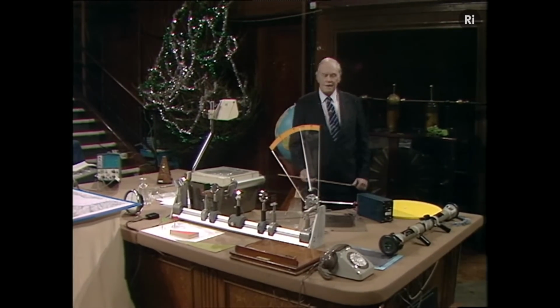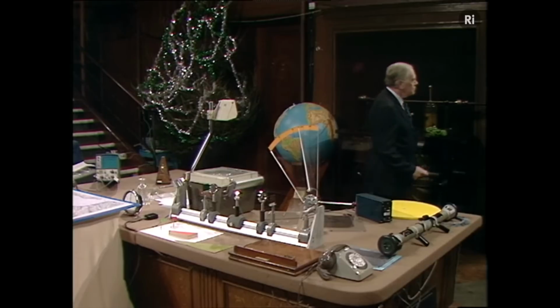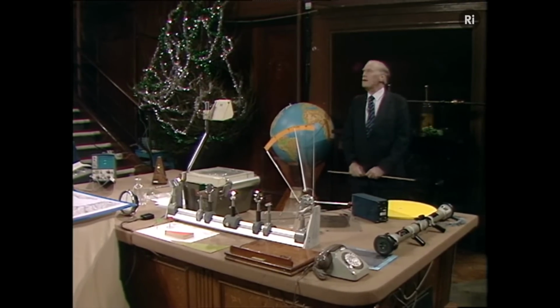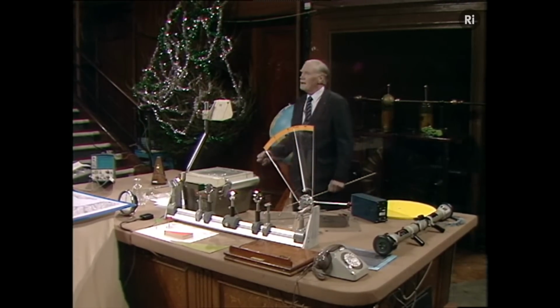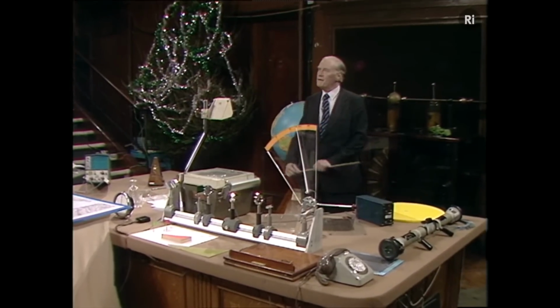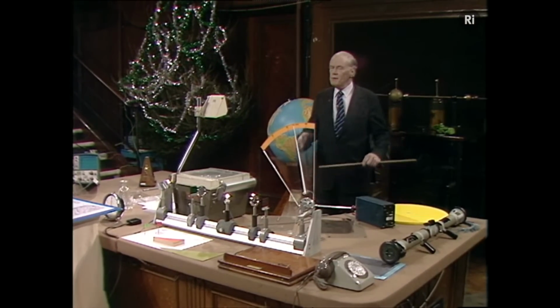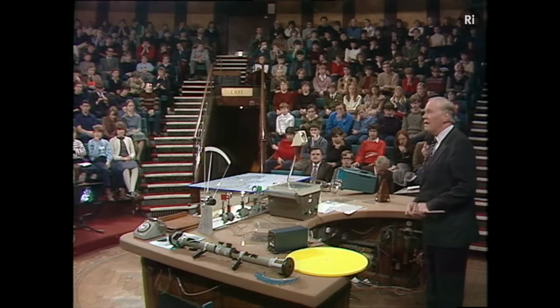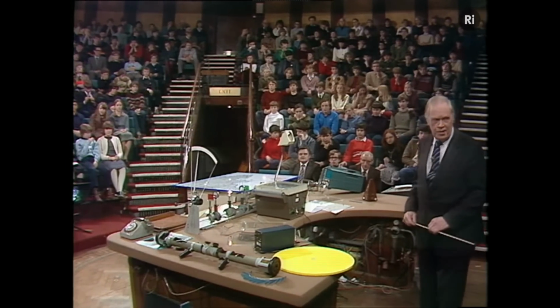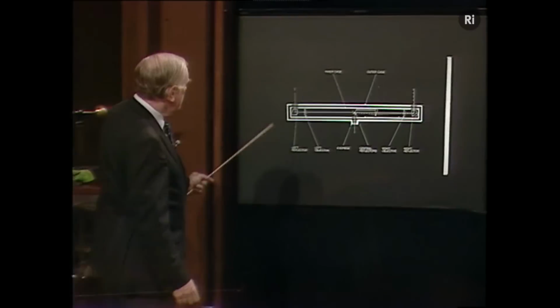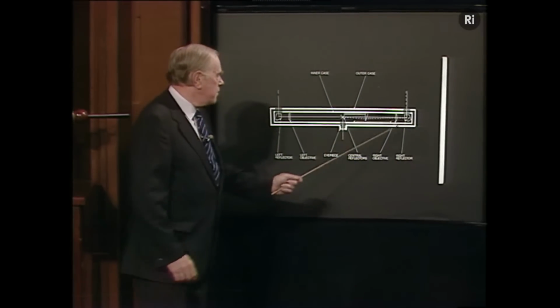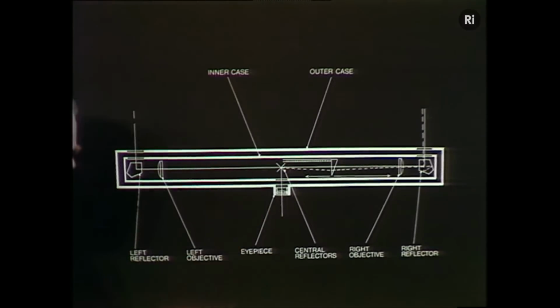And the system was used, you can always use anything in optics either way round. Light will always retrace a path that it's travelled in one direction. And in the rangefinder, of course, we don't use beams like this, visible beams. We look at the distant object through mirrors at opposite ends of a baseline.